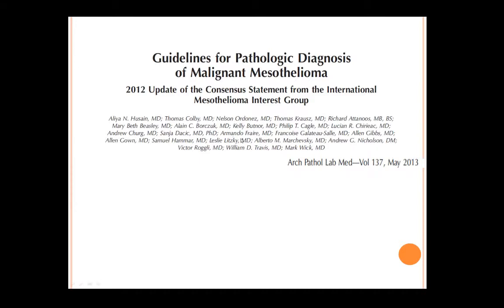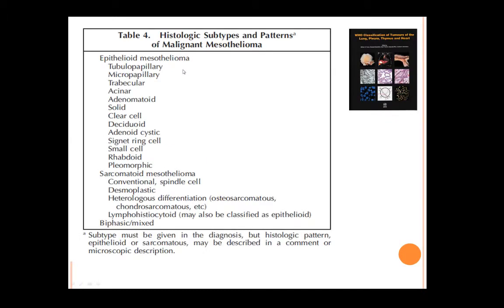This was an article which was published in May 2013. Here, pathologists from the International Mesothelioma Group were involved in this update, and they presented a very nice guideline for reporting of malignant mesotheliomas. Based on this article, the subtypes are similar to what we have in the WHO classification.